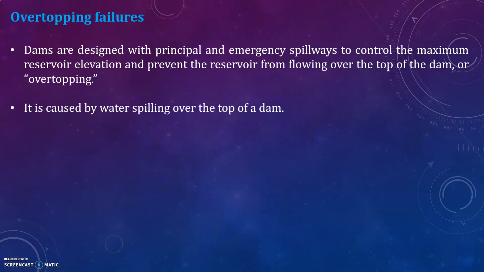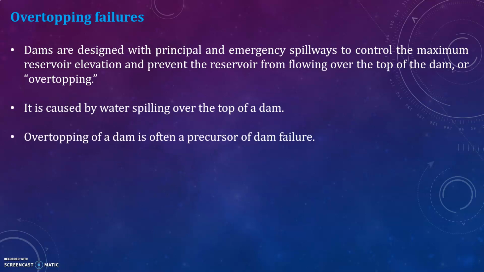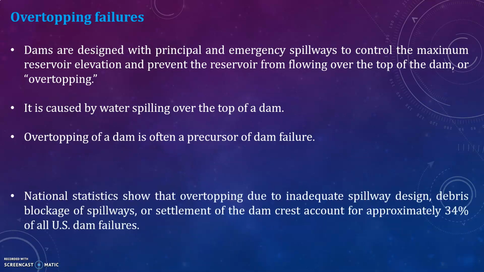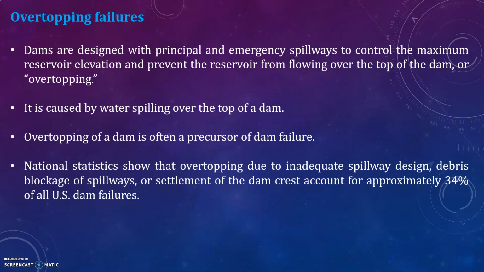It is caused by water spilling over the top of the dam, and overtopping of a dam is often a precursor of a dam failure. National statistics show that overtopping due to inadequate spillway design, debris blockage of spillways, or settlement of the dam crest accounts for approximately 30% of all dam failures.